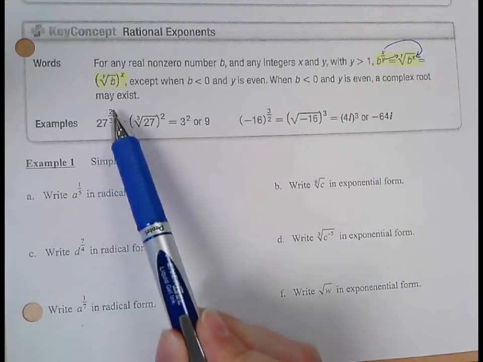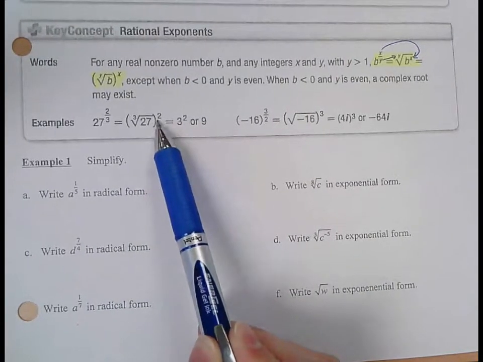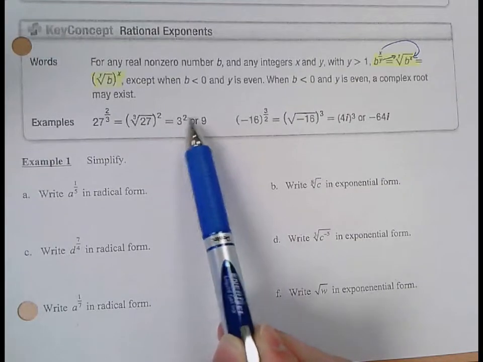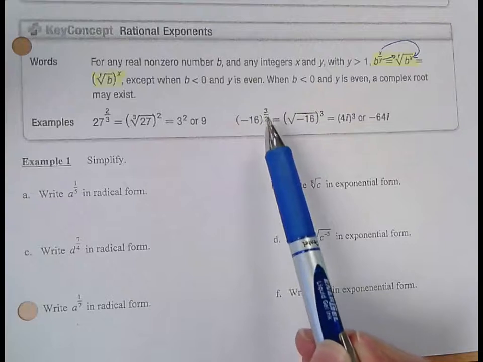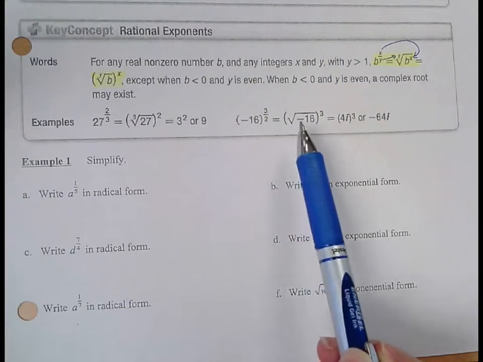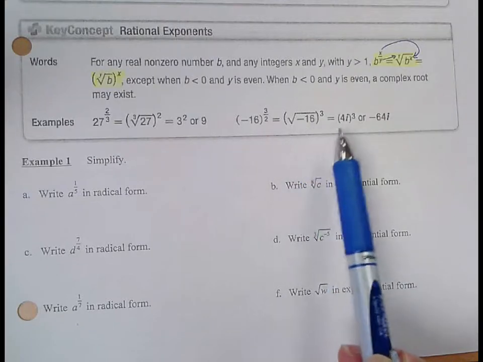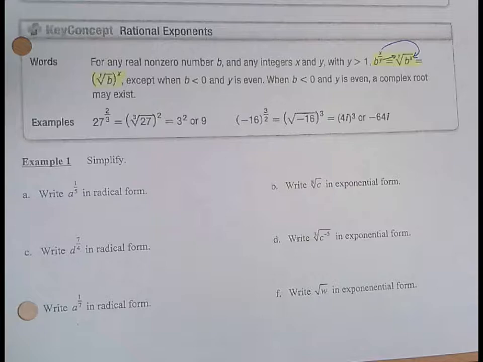If you have 27 to the 2/3, this would be the cube root of 27 squared. So you could take the cube root of 27, which is 3, and then square it, so it simplifies to 9. Negative 16 to the 3/2 would be the square root of negative 16 cubed. So they're taking 4i cubed to get negative 64i when it's simplified.